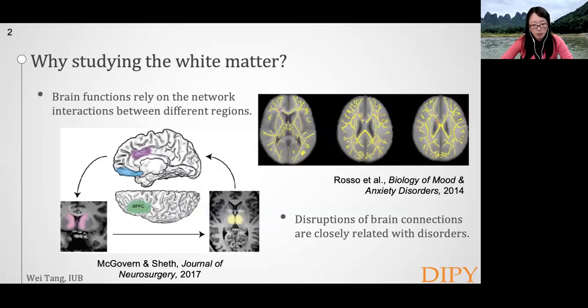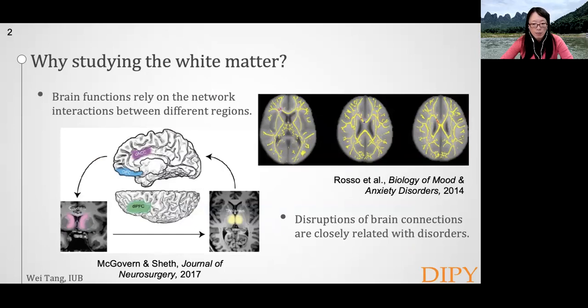Here is an example of a brain network underlying obsessive compulsive disorder. Indeed, almost all brain diseases involve abnormality in more than one region. This indicates that to fully understand the dysfunction, we have to take into account not only the regions, but also their connections. On the right-hand side is another example from a study on mood disorder.